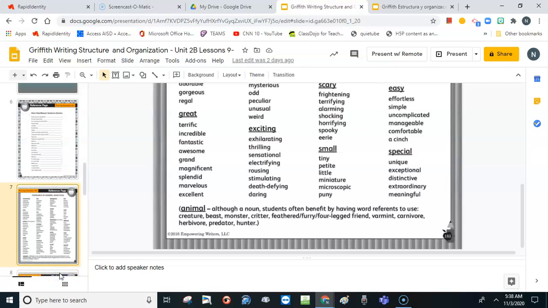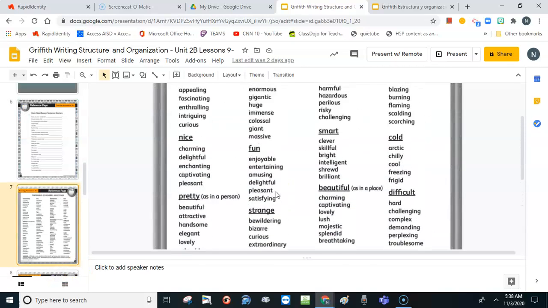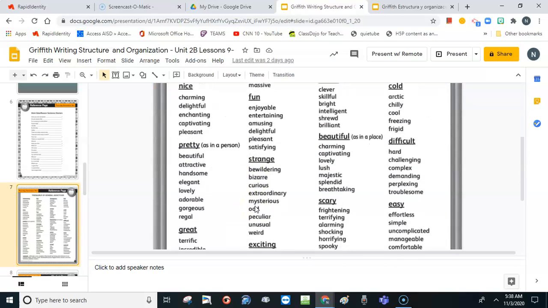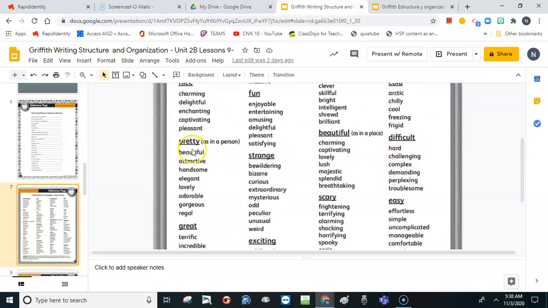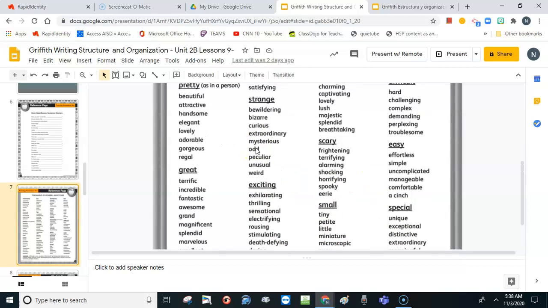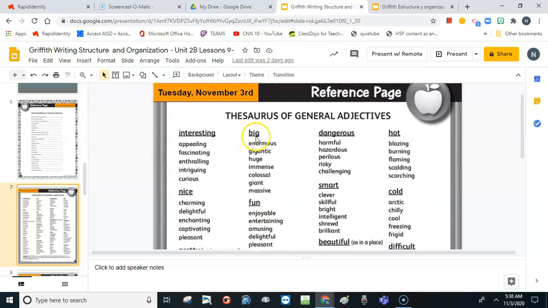Okay, slide number 7 has lots of different adjectives that you can use. Instead of using interesting, big, dangerous, hot, cold, smart, fun, nice, beautiful, difficult, strange, pretty, great, exciting, scary, easy, small and special, I want you to use different words.